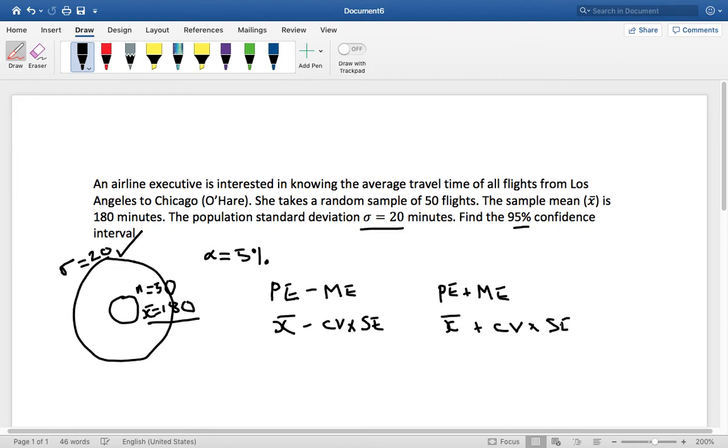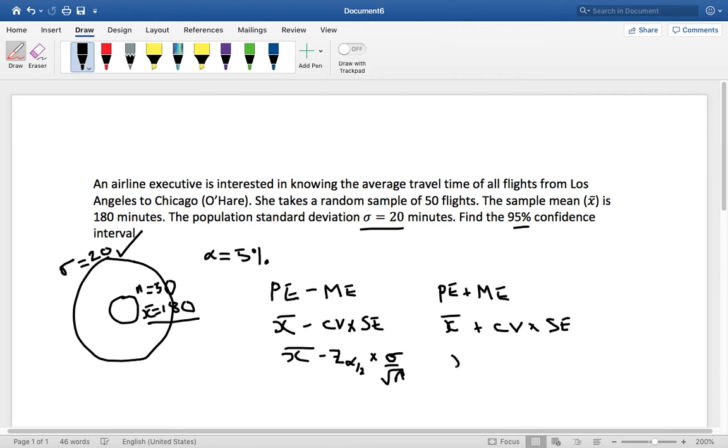Okay, and so for us, because the population standard deviation is known, the critical value is going to be minus Z of alpha over 2 times the standard error, which is sigma over the square root of the sample size.